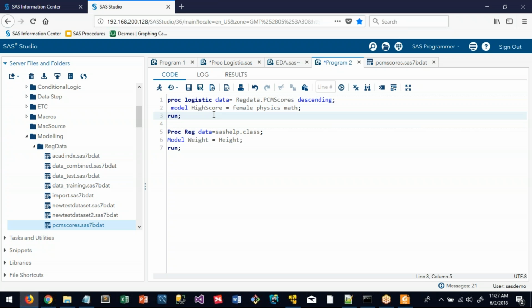Again, I will explain it. There are two possibilities in this situation. When we're trying to establish a relationship between a high score and female physics and math, what are we trying to establish here? Are we trying to establish whether women who get high marks in physics and math will lead to a high score, or whether women who achieve specific marks in physics and math lead to a low value of high score, meaning no, it was not a high score?